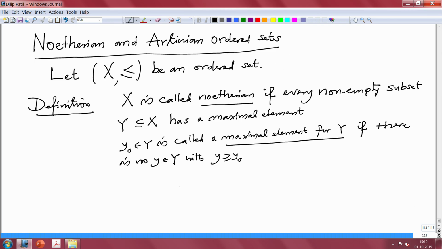So, note that there may be more than one maximal element, the maximal element may not be unique in general. So, you can write down examples. Before I go on, this Noetherian is named after Emmy Noether. Alright, so let us see some examples.